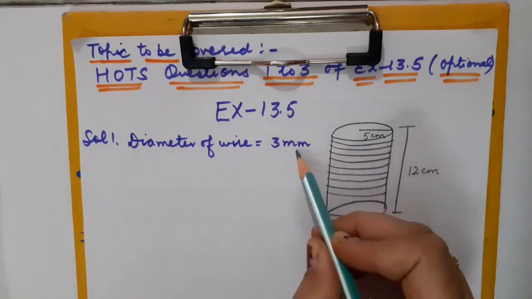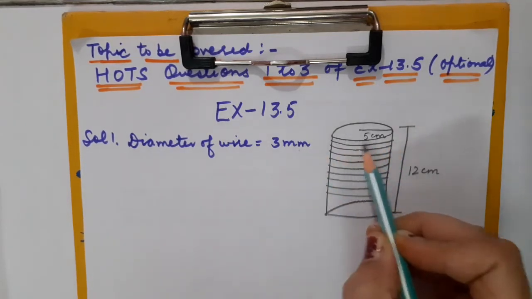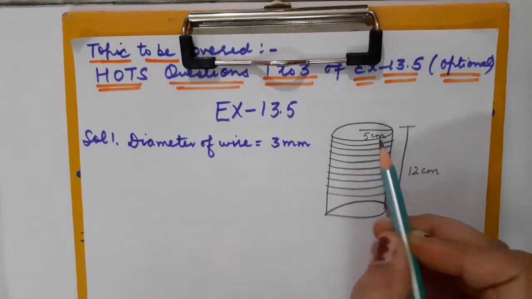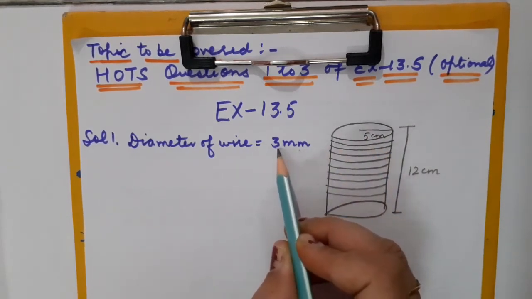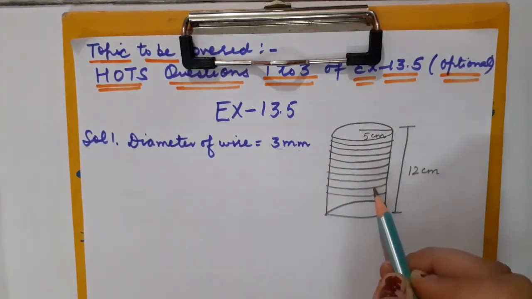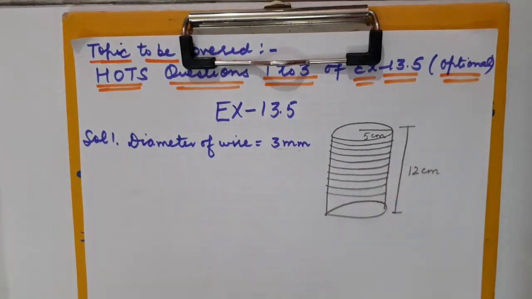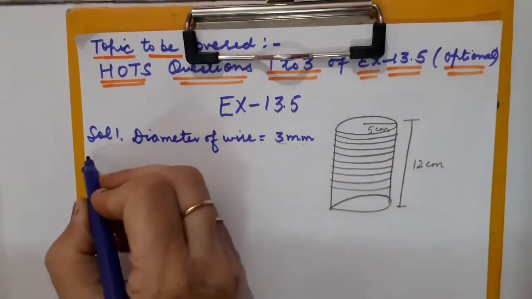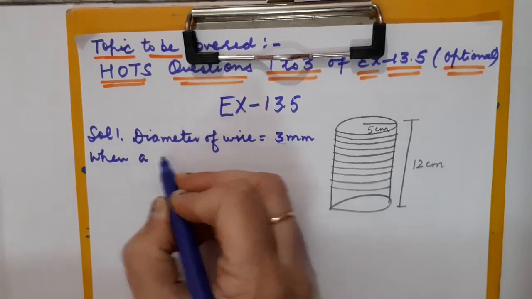Why? Because the diameter of the wire is 3 mm. Fine. When it is going to take one round around the cylinder, it means it is going to cover 3 mm part of the curved surface area of the cylinder. Understood?